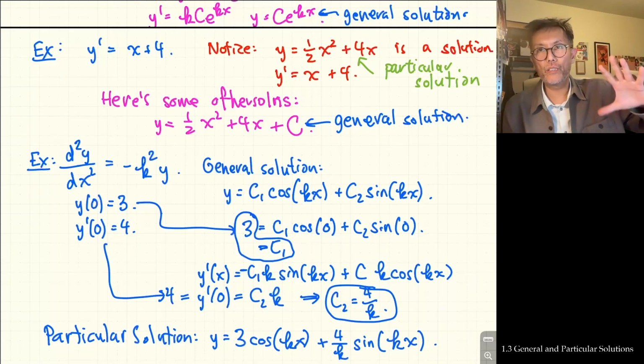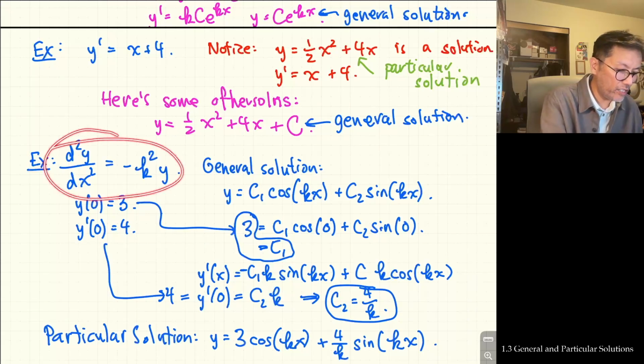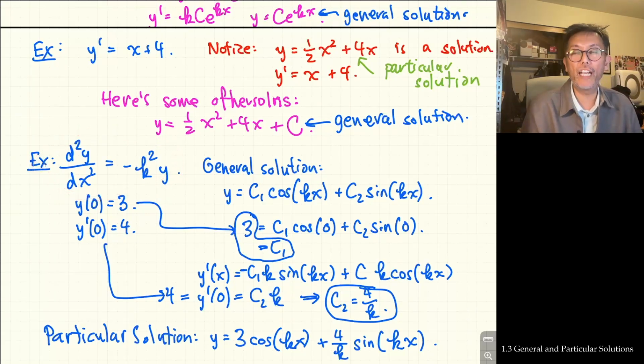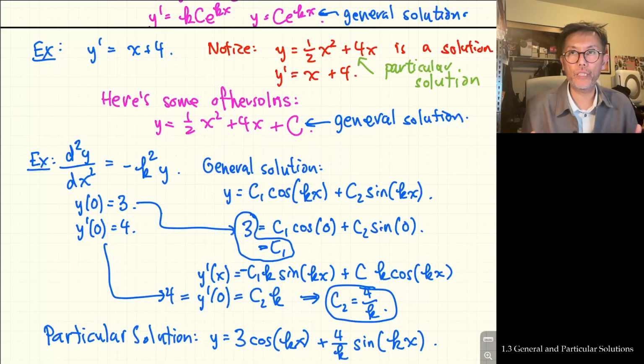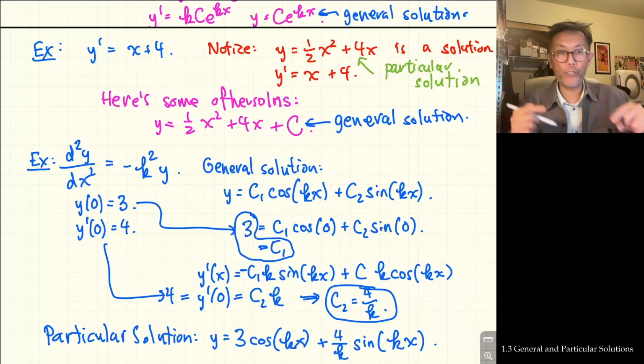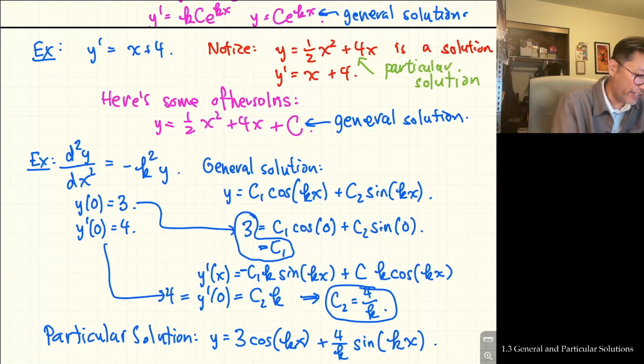Okay, there's a lot moving here. So bottom line, if you're interested only in a differential equation and solving it, then what you're after is the general solution. But if you are further given initial conditions, as I am here, and these are called initial conditions, hopefully for obvious reasons.